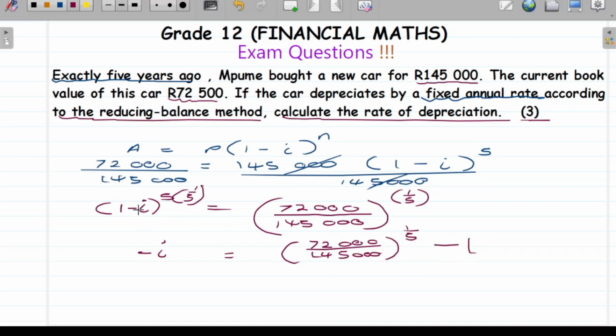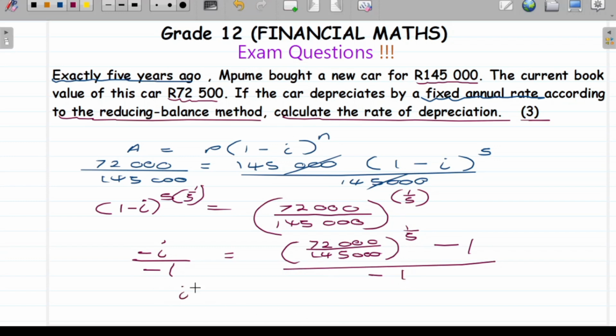We took this 1 that was over here and transposed it to the right hand side, and it became minus 1. Then we are dividing this by minus 1, so over here we also divide by minus 1, not minus i, sorry, by minus 1. We divide this side by minus 1 as well.